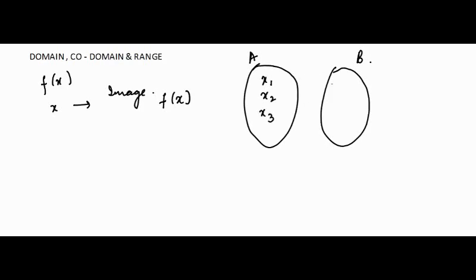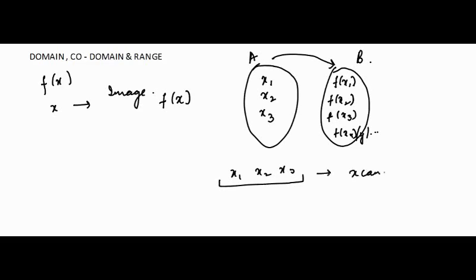And B has the images of these values, that is f(x1), f(x2), f(x3), and there is a function from A to B. And you have an element f(x4), or you can also name it y, which is not the image of any element of A. Now x1, x2 and x3 are the values which x can take, and for these values you have images f(x1), f(x2) and f(x3).